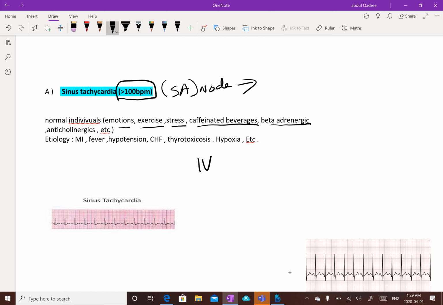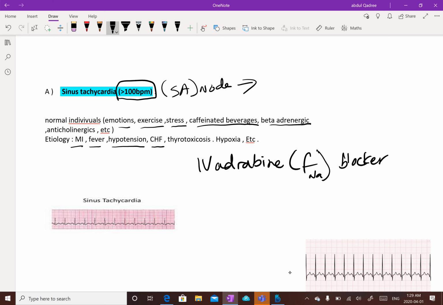I believe this is how it's spelled, Ivabradine, and it is a funny sodium channel blocker. It's used nowadays for sinus tachycardia in case the beta blockers or calcium channel blockers are contraindicated for some reason. Some of the etiologies, for example, myocardial infarction, fever, hypotension, thyrotoxicosis, hypoxia, and sepsis, can all lead to sinus tachycardia.